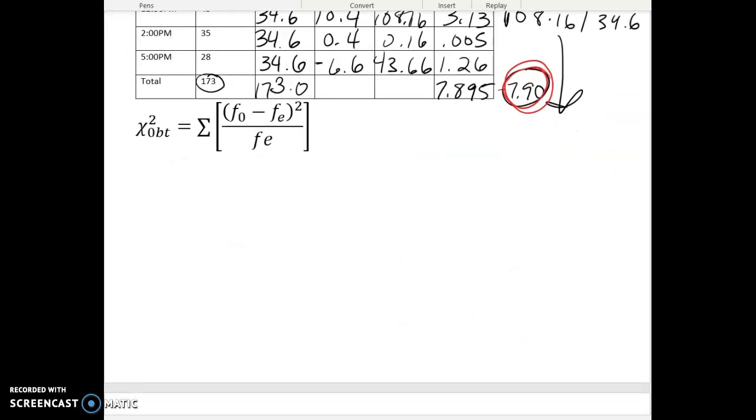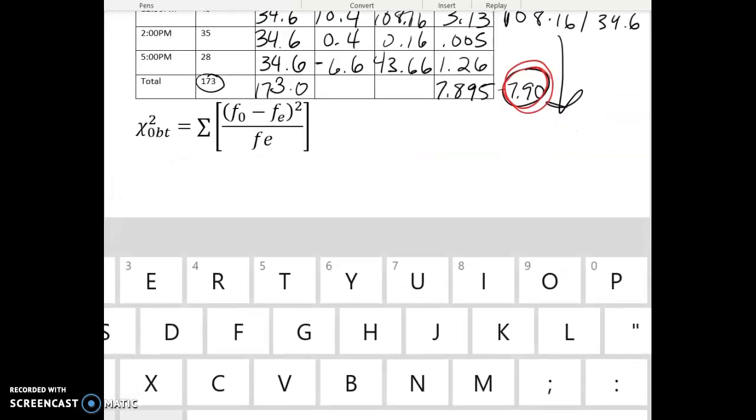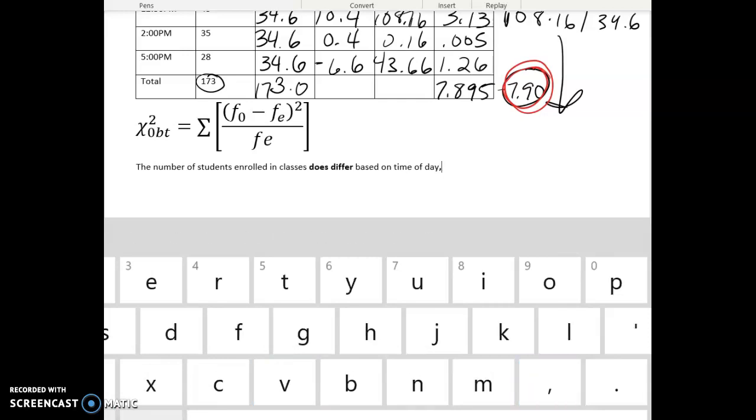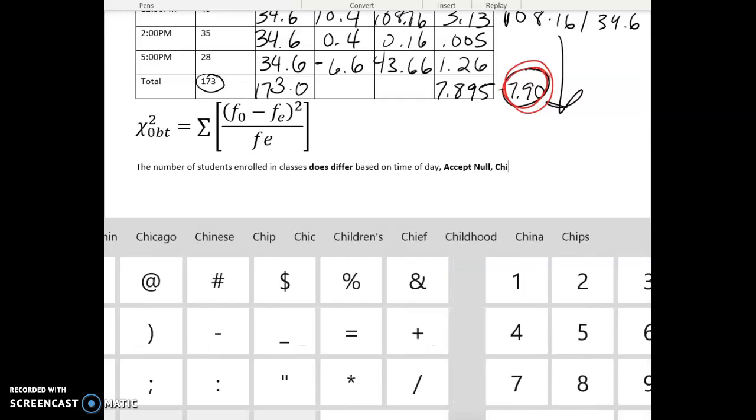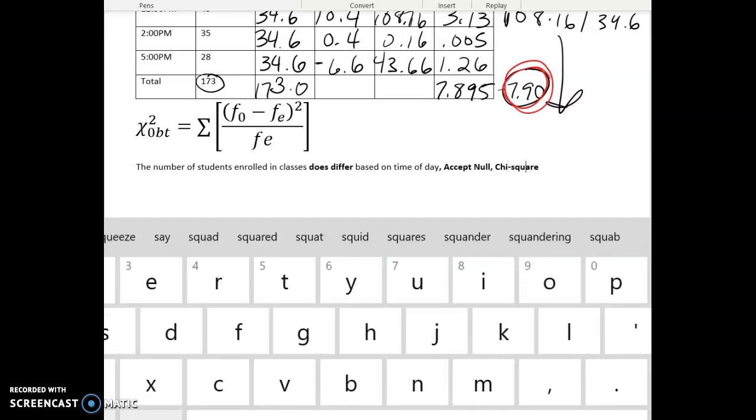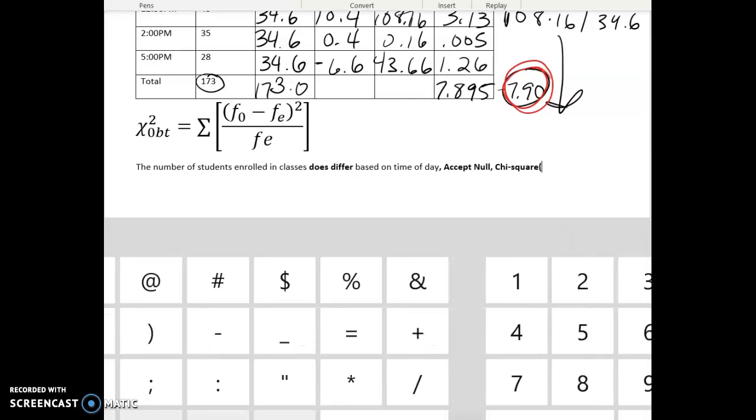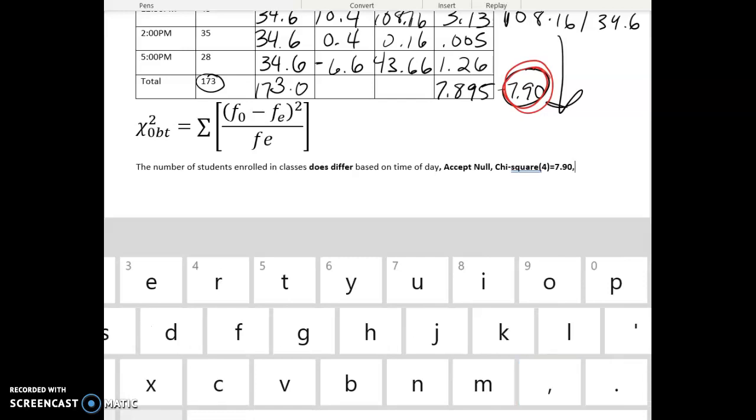And we're going to say enrollment does not differ based on the time of day, accept the null, comma, and again we're going to have chi-square, and this is 4 degrees of freedom once again, is equal to 7.90, comma, p, and once again, I don't know where my less than is on my tablet keyboard, so we're just going to do this.